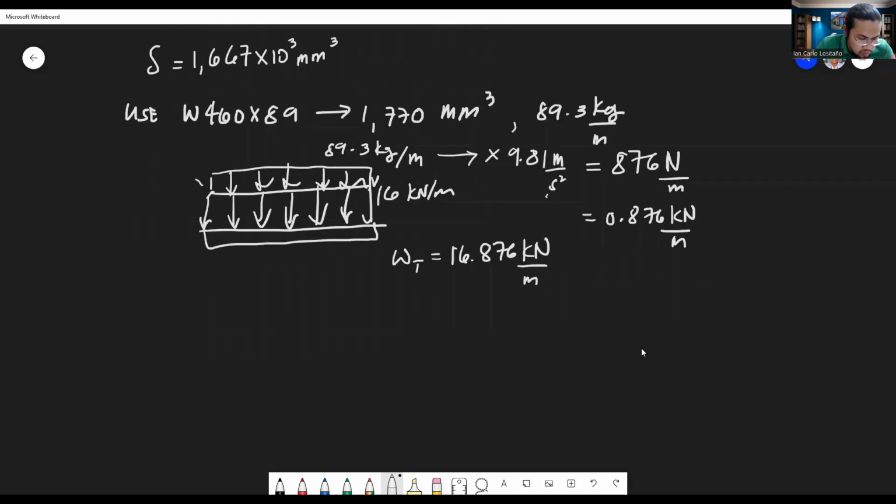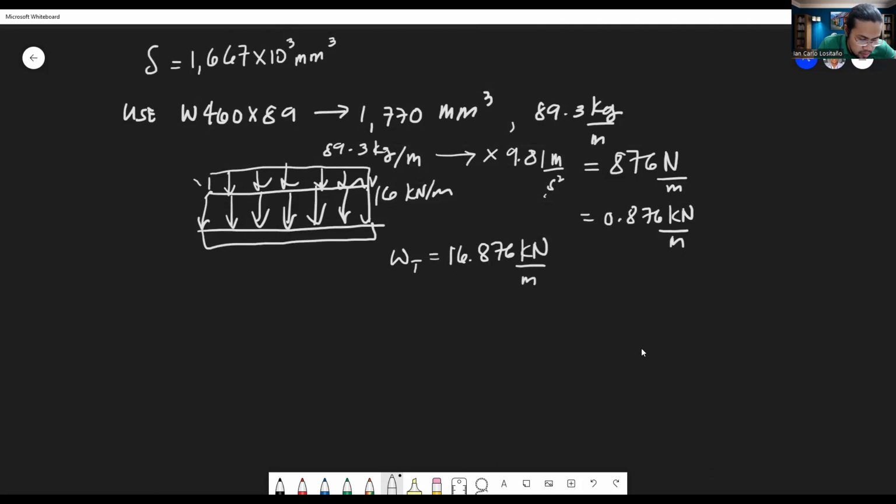Now we want to solve for the sigma F, the flexural stress, the bending.